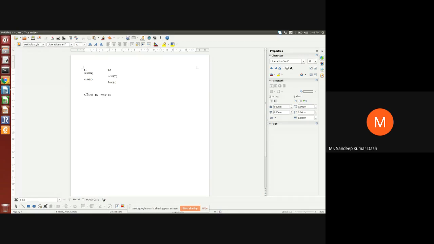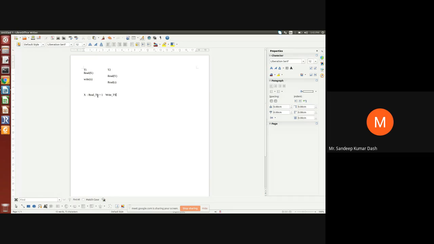For X, who is reading it now? T1 is reading it. So the read timestamp of X will be 1, because T1's timestamp is 1 and T2's timestamp is 2. Those timestamps will be assigned to the read timestamp and write timestamp of X.